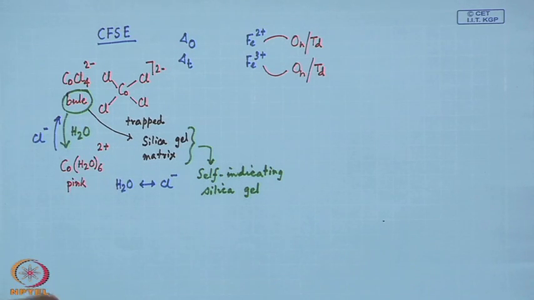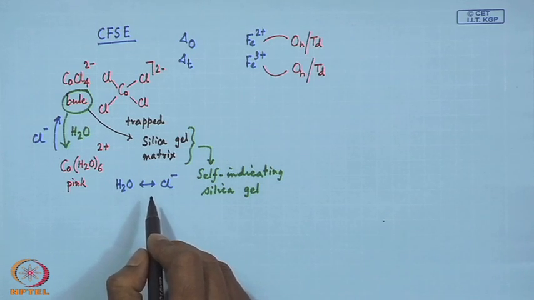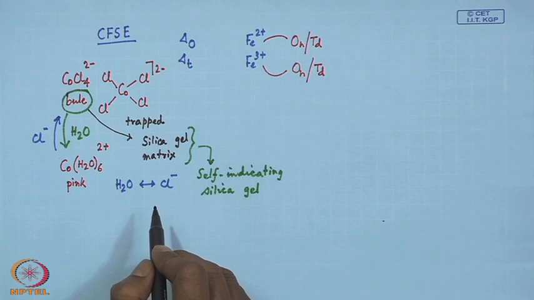So, that is the corresponding principle for knowing the self indicating silica gel and how CFSE can help us in changing the corresponding color from one form to the other.